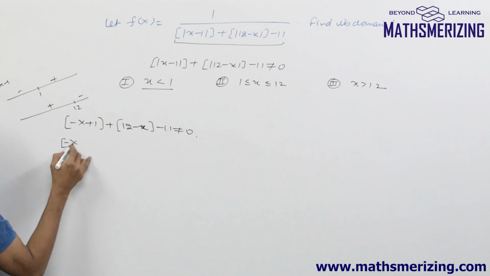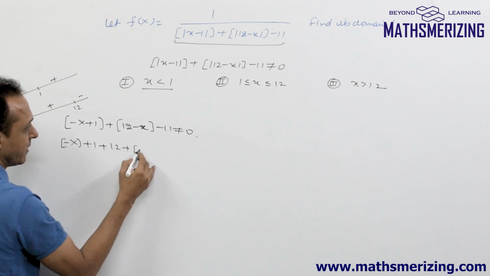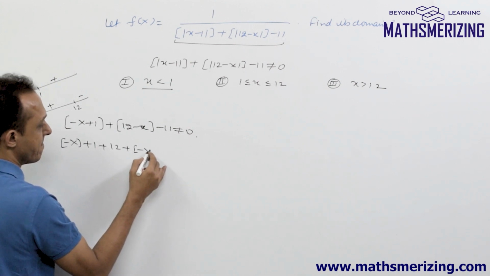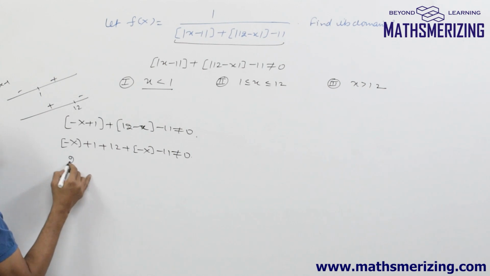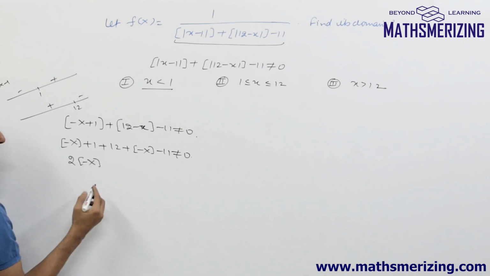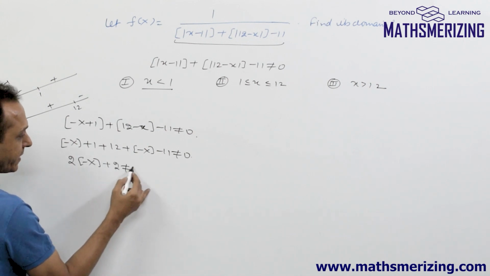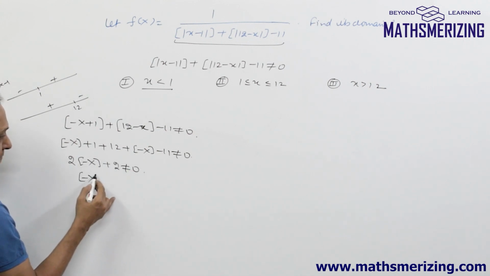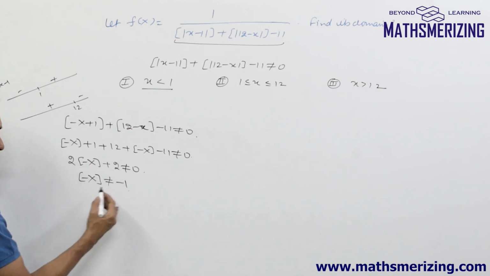So I can write it as the greatest integer function of minus x plus 1, plus 12 plus the greatest integer function of minus x, and then minus 11, it should not be 0. So 2 times the greatest integer function of minus x and then plus 2 should not be equal to 0. So that is, the greatest integer function of minus x should not be minus 1. So the greatest integer function of x.